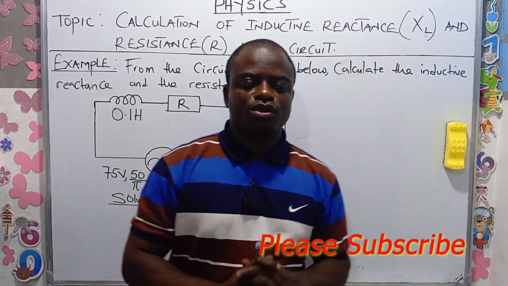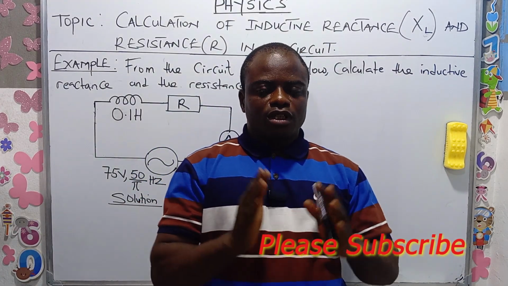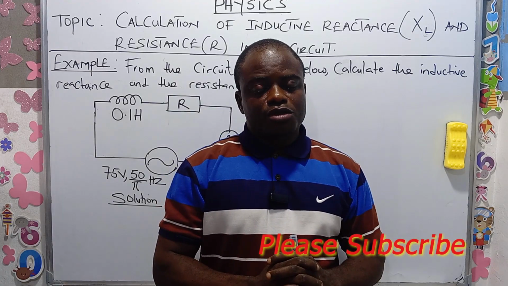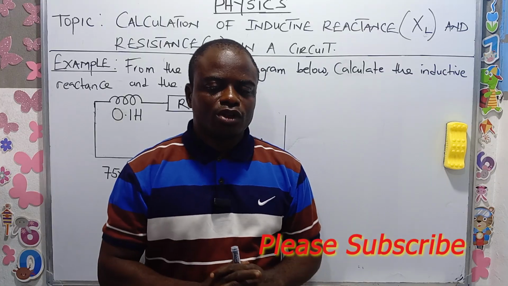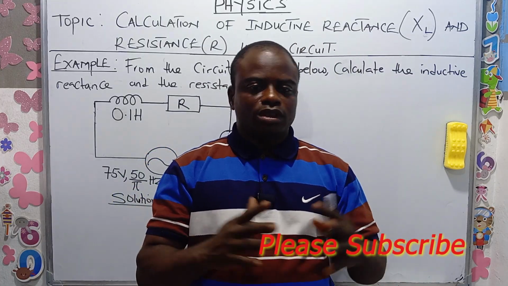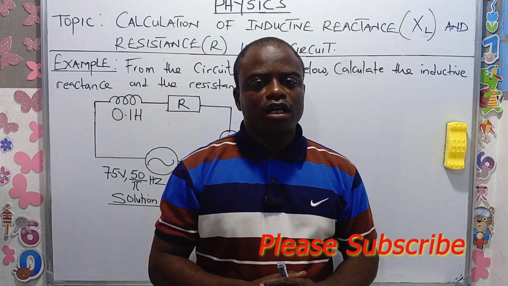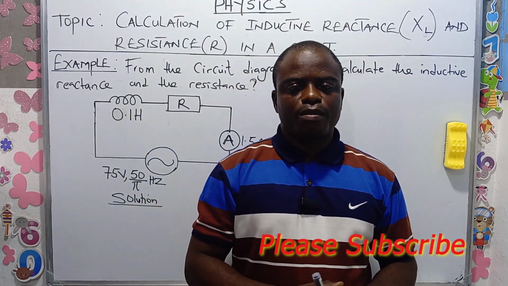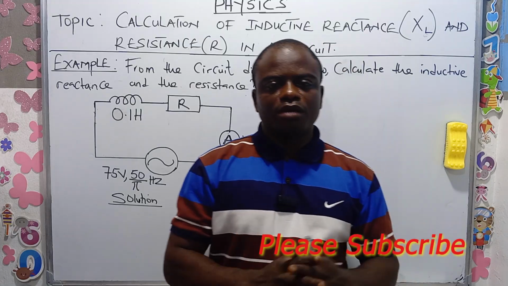Today we'll be carrying out calculations that involve inductive reactance, represented by X subscript L, and the unit of inductive reactance is ohms, and also resistance, represented by capital letter R, and the unit of resistance is ohms likewise. Now let's define some parameters.